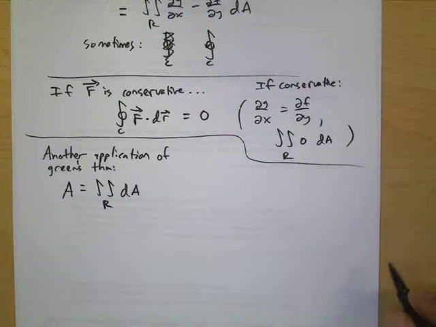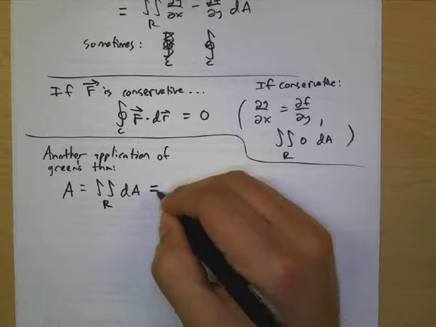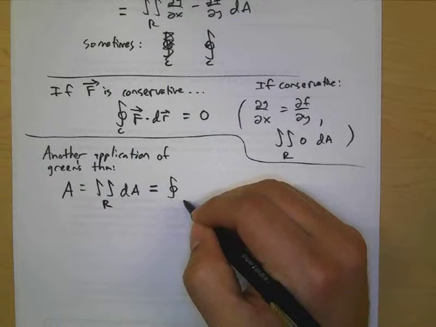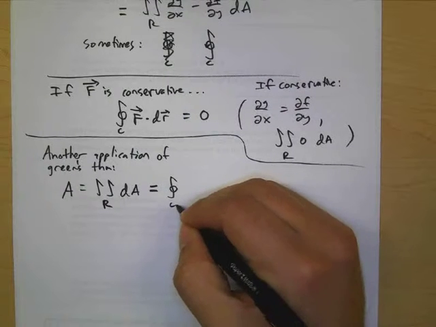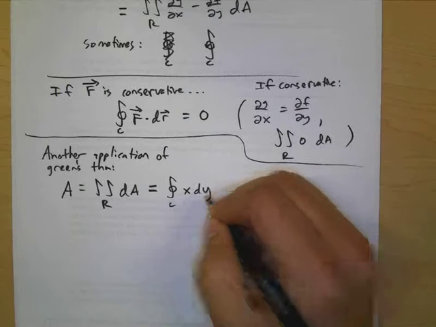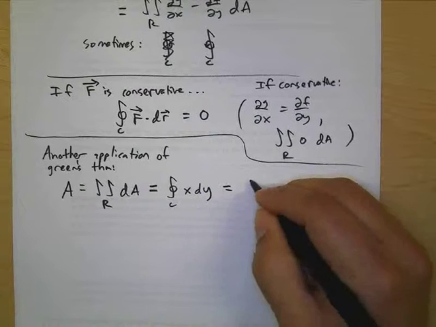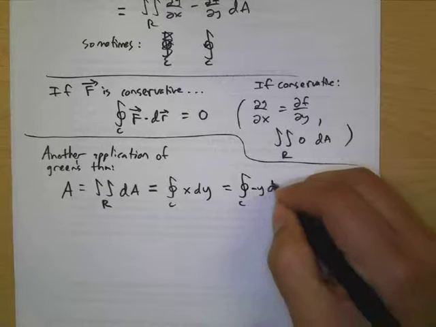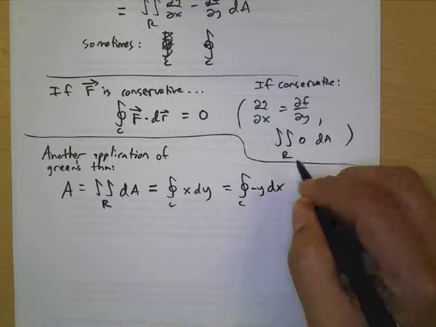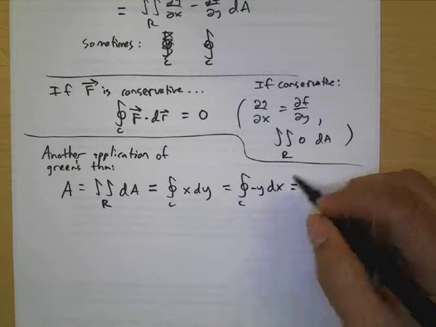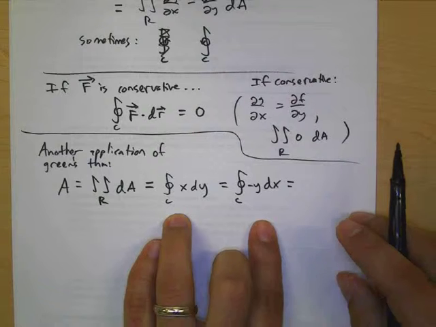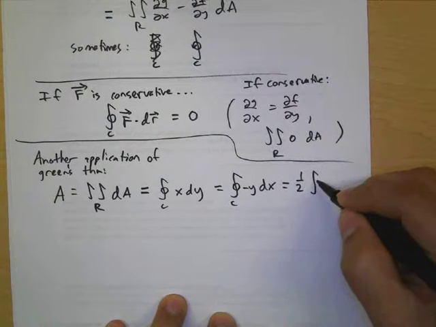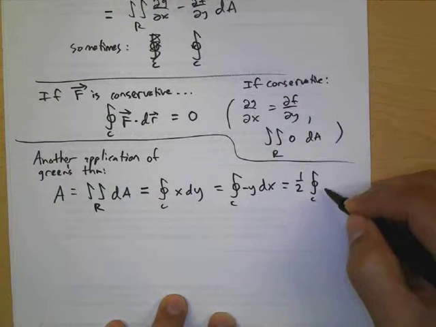Now, you could also do the line integral of x dy, or the line integral of negative y dx. Or if you wanted to, you can add these two and take half of the sum. Sometimes it makes the calculations a little nicer.